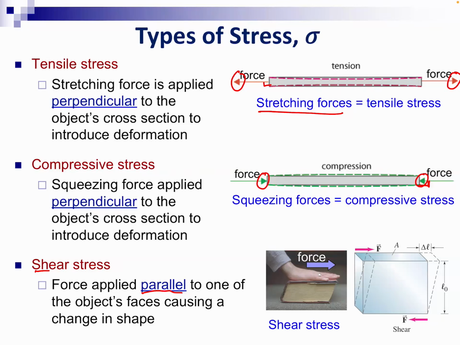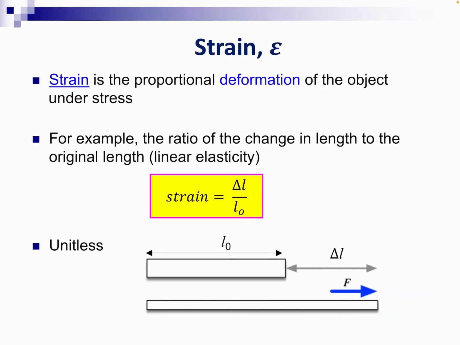Okay, so applying stress, force over area, to the object results in a deformation. The deformation we characterize as the strain. So strain, this Greek symbol epsilon, which you might encounter if you look at the textbook, is the proportional deformation that occurs as a result of the stress, or force over area, applied to the object.